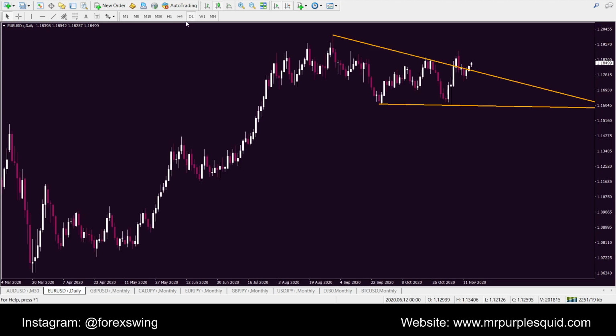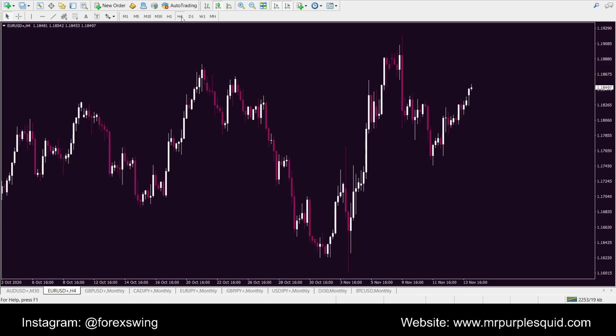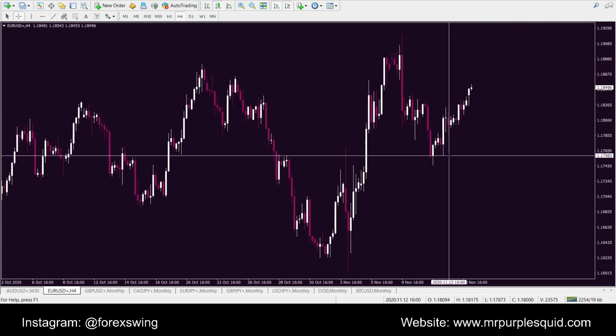So this is the significance of doing top-down analysis, right? On the daily, I would probably take a buy above here, but I would never take a buy above here on H4 because price is going up.